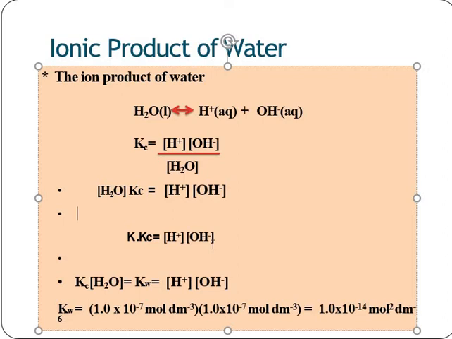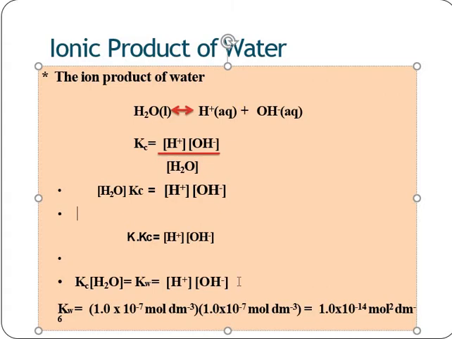We consider this multiplication of constants as a constant of water, meaning the ionization constant of water, Kw, is equal to the product of the concentration of H plus ions and the concentration of OH minus ions.